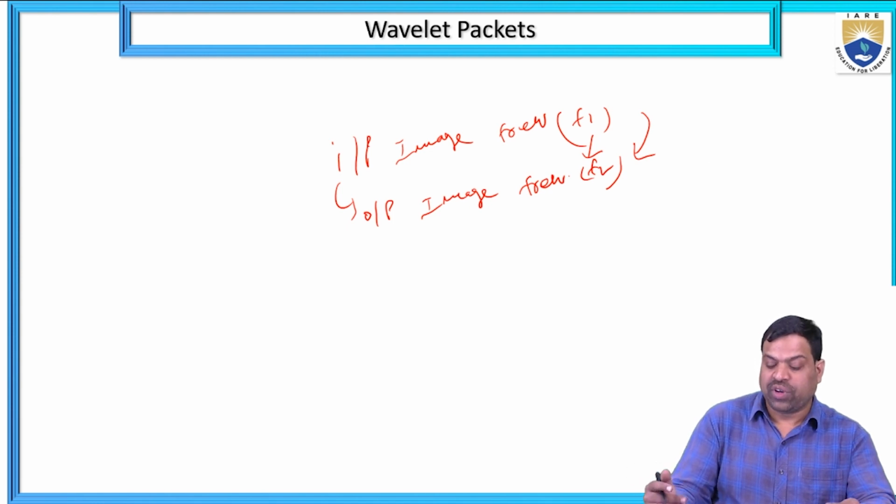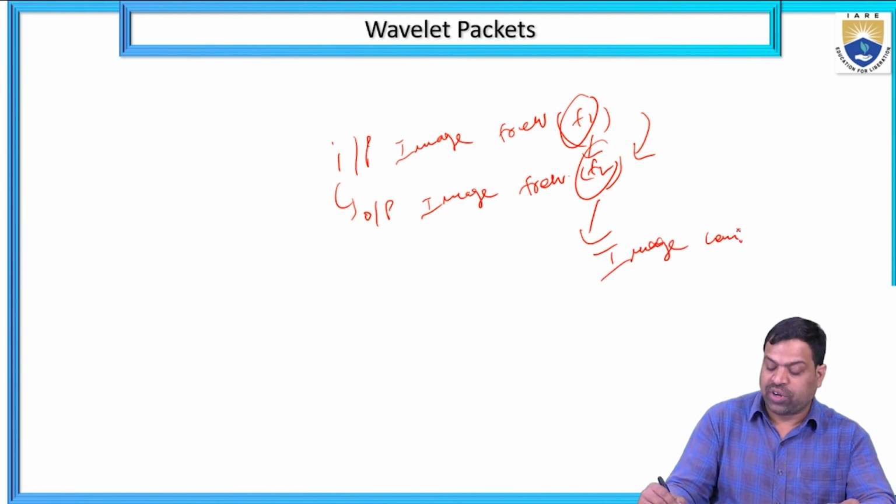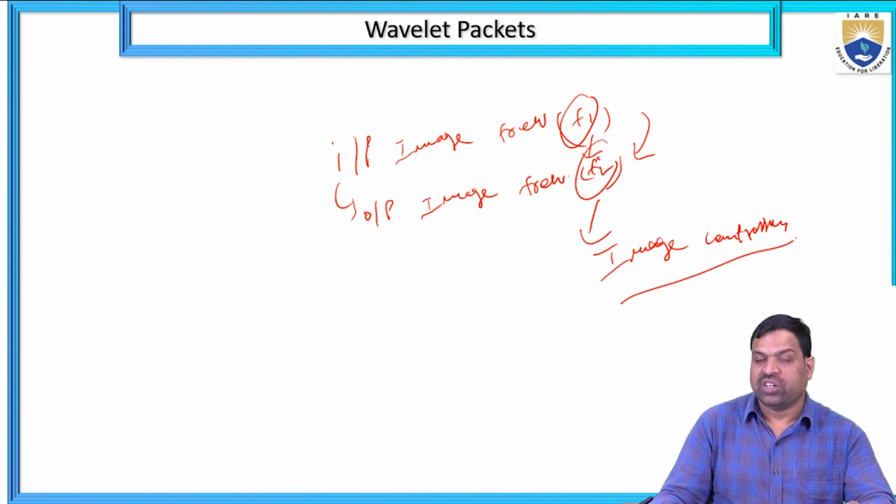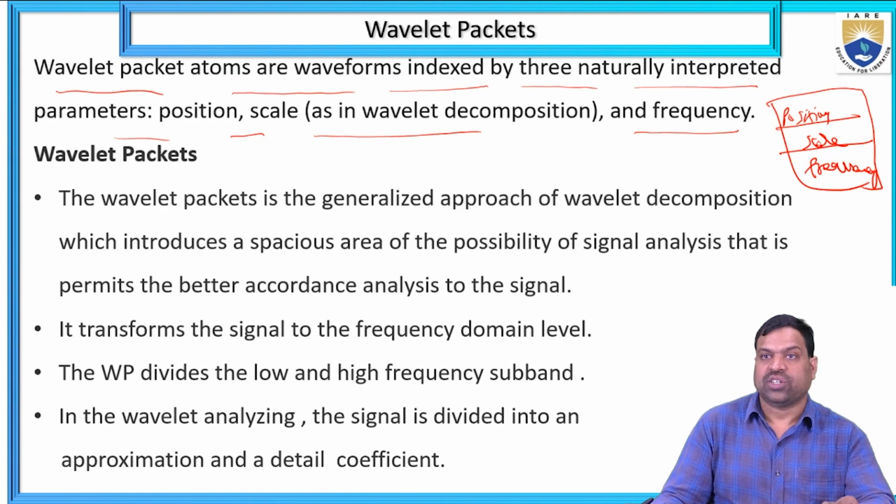Because we do not keep the same frequency, since I am going for image compression. Image compression means the frequency of the image will be changed. When we go for compression, the frequency will be changed, and only then is it called image compression. So these are the parameters: position, scale, and frequency. These are the parameters for image compression with wavelet packets.